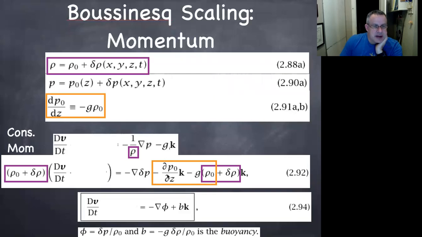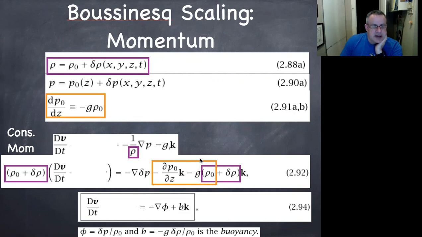There's a variation in pressure, there's the background pressure, because we're just expanding this into the 2 parts, so that's a variation part and its hydrostatic part. The hydrostatic part cancels the rho naught part that comes over from here when we multiply through by rho naught plus delta rho, rho naught plus delta rho times g.